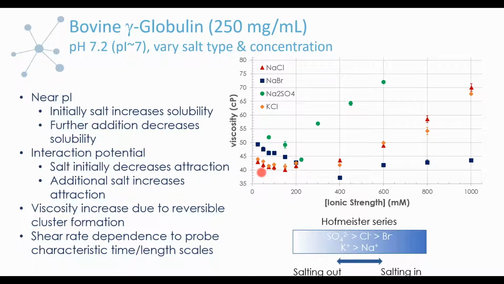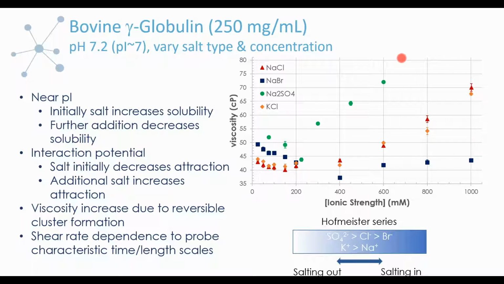So what we picked is the one that's most extreme, and this is the sodium sulfate. I picked 75 millimolar ionic strength, and then a point that's not presented on the curve because it's much higher: 1200 millimolar, which gives us a viscosity over 200 centipoise.